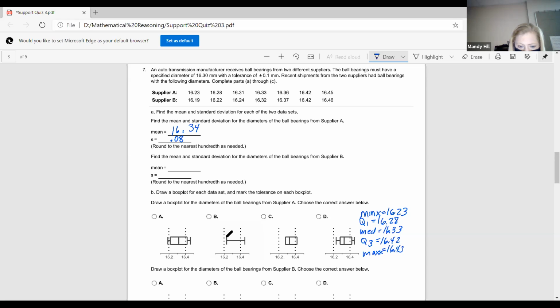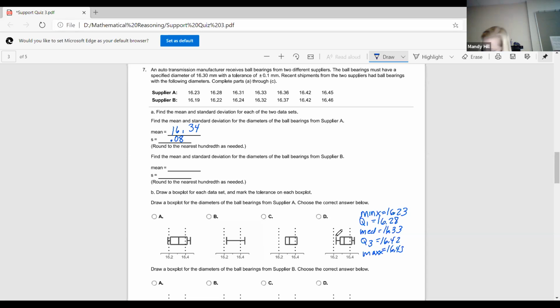So if we move over, this one could possibly be it. If you'll notice that this one doesn't have a box in the middle and this one doesn't have any whiskers, which means that the numbers would be exactly the same. So I'm thinking it's D.